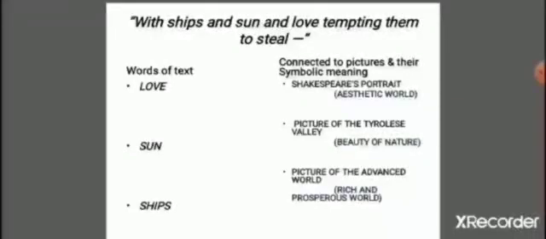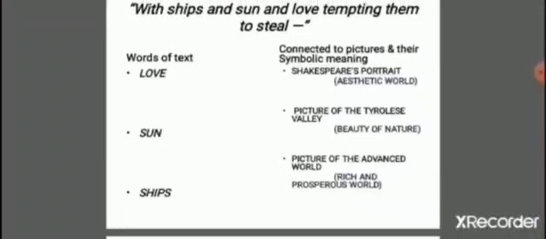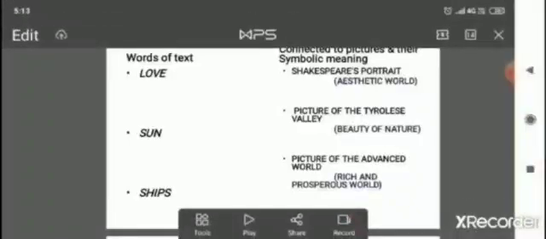These three words are directly connected to the posters hung on the walls, as love is the theme of Shakespeare's writing, which signifies the aesthetic world, then sun, which can be related to the Tyrolese Valley and which exemplifies the beauty of nature, and finally ships. It can be connected to that picture which is showing the advanced world. So it signifies the rich and prosperous world.